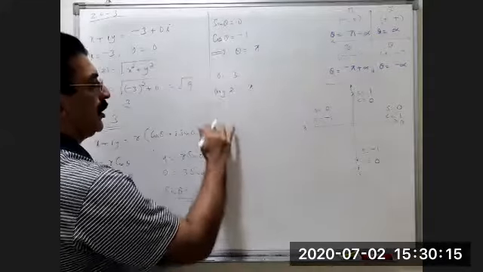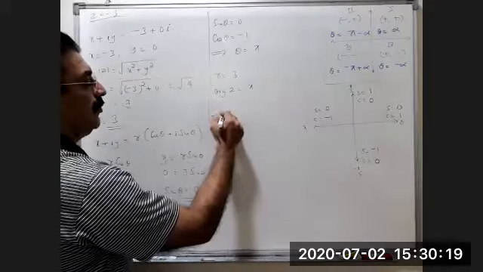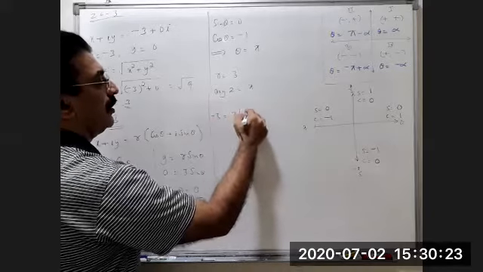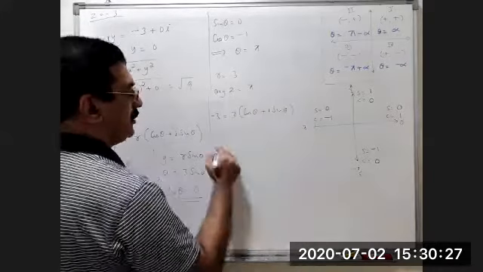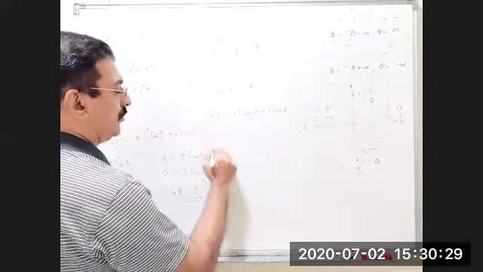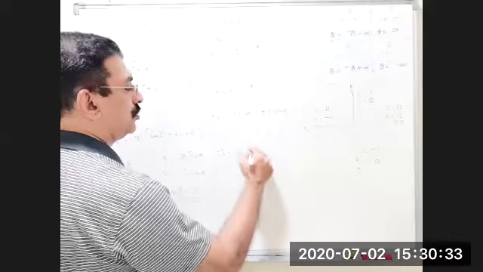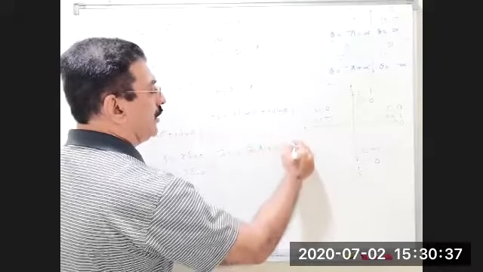Then our question, what was it? Minus 3 can be written as r into cos theta plus i sin theta, which will become: minus 3, r is 3, into cos pi plus i sin pi.